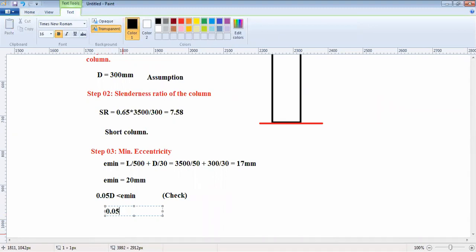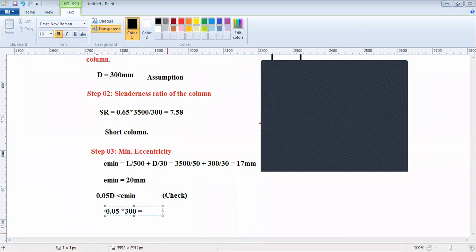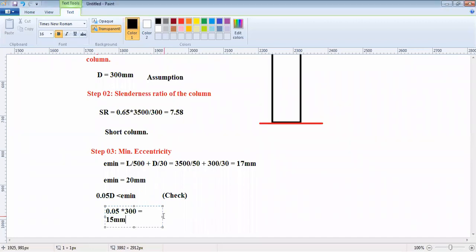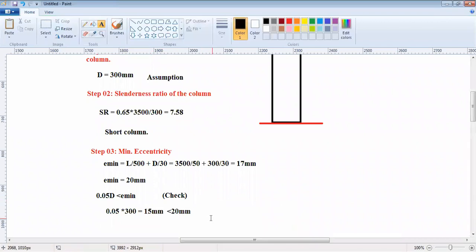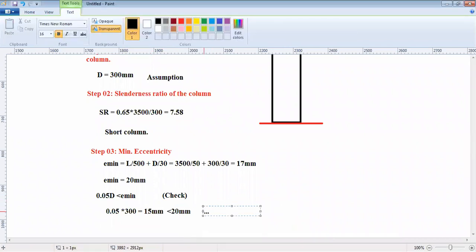So your 0.05 into D is how much? 15. 15 mm is less than 20 mm. So the design is okay for being considered concentric load.